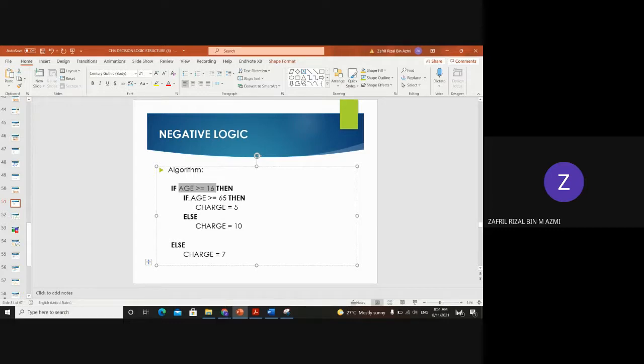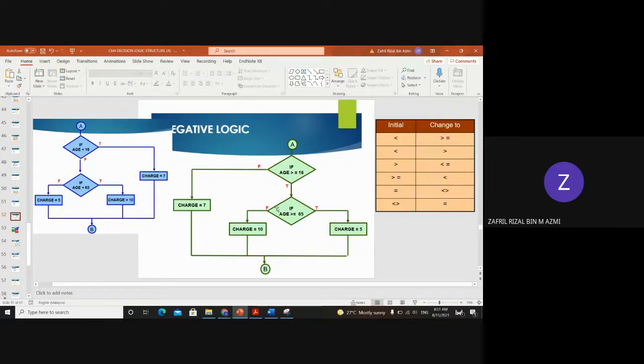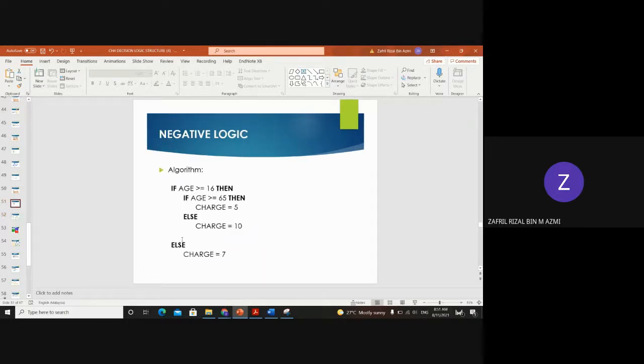Remember that. If there's a condition, we only put the statement if this is true. That's why when this is true, we put it over here. This is false. The false is over here. So this else belongs to this if.